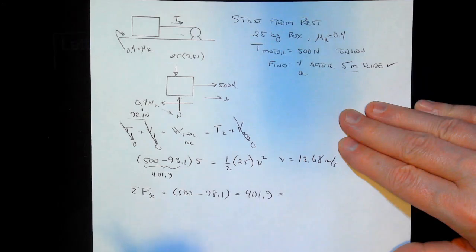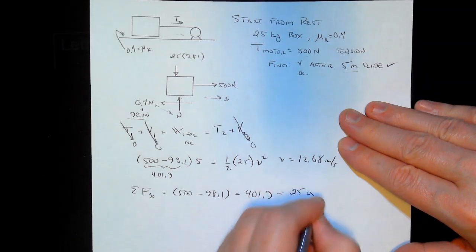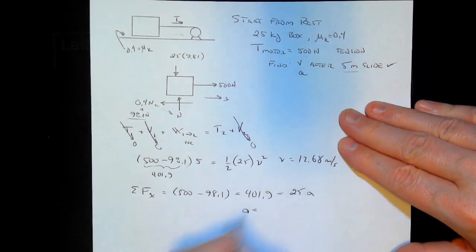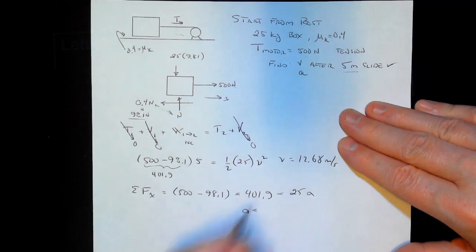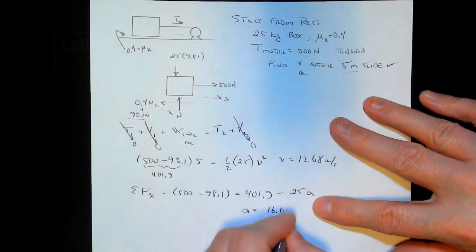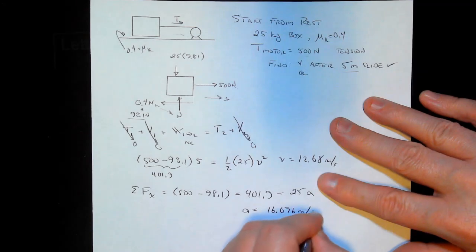That must equal, sum of forces equals MA, 25 times acceleration. Solve for acceleration, and we get 16.076 meters per second squared.